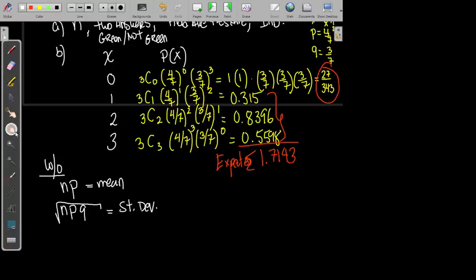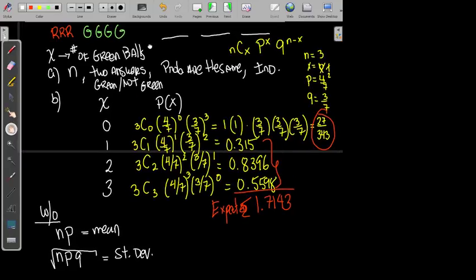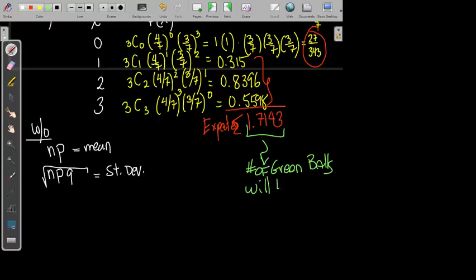Sorry, I'm about to finish, but I want to use this. Use the law of large numbers. Law of large numbers means you keep doing this over and over and over again to interpret the meaning of the expected value in the context of this problem. That means that if you keep doing this over and over again, the average number of green balls, remember that's what we have, will be 1.71, almost 2.